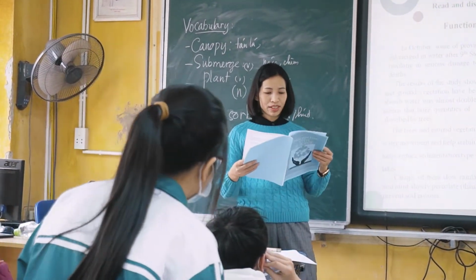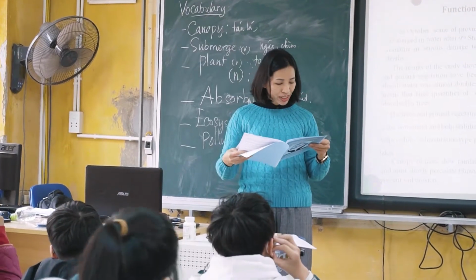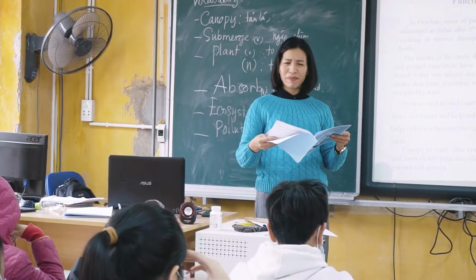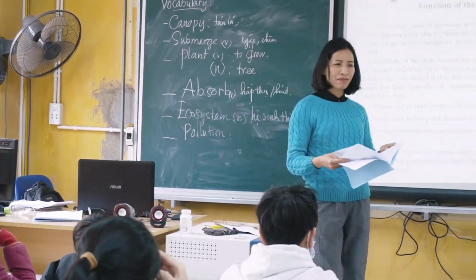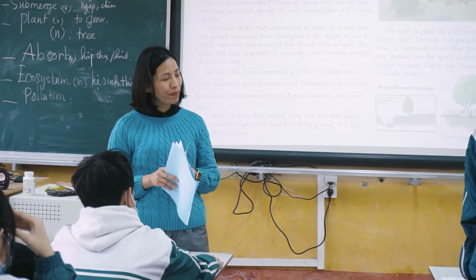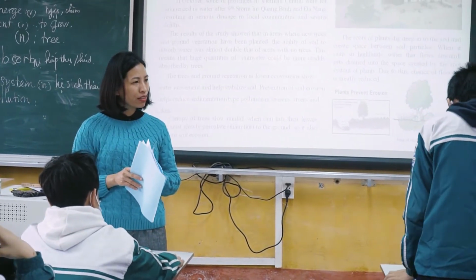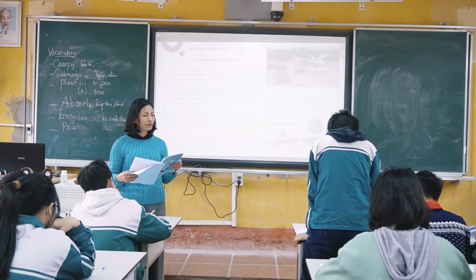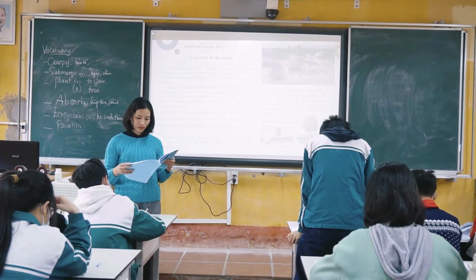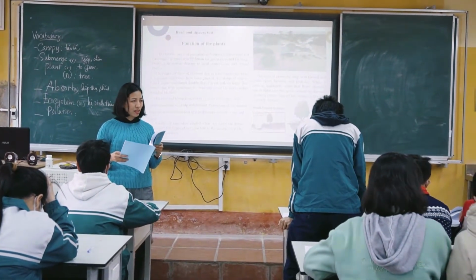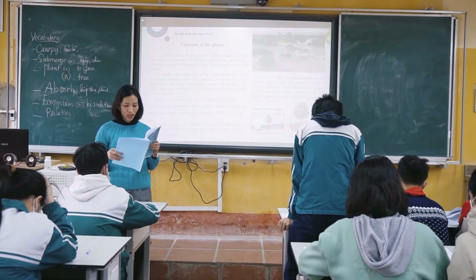So question 3: Why can the canopy of trees also prevent soil erosion? Your answer? Because the canopy of trees slows rainfall; when rain hits the leaves, it slowly percolates into the ground.